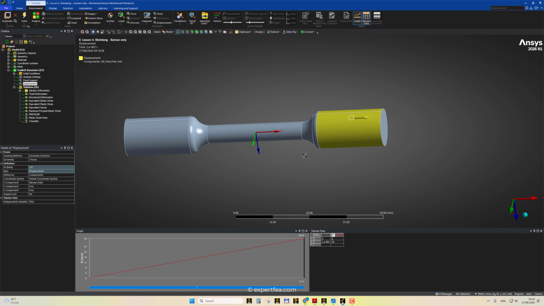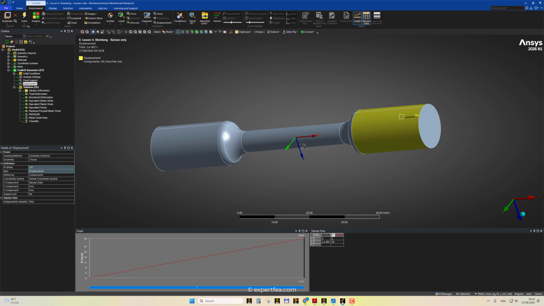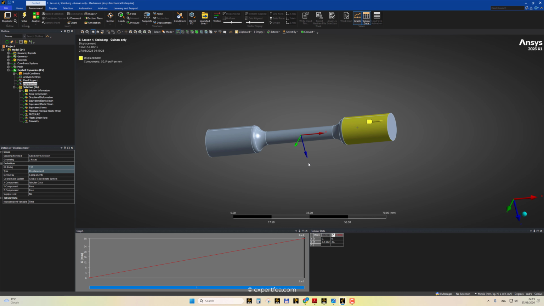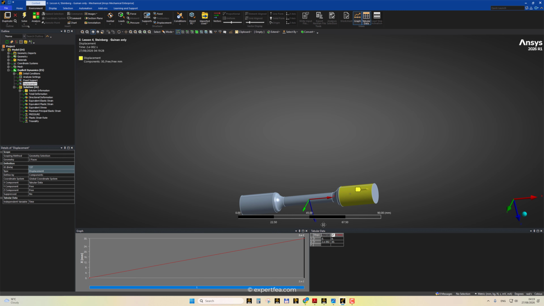Using a displacement kind of removes the dynamic aspect. It's closer to the strength of materials approach instead of the shock, which is a pure dynamic approach. So this entire specimen is almost 90 millimeters, so the displacement is almost 30%.